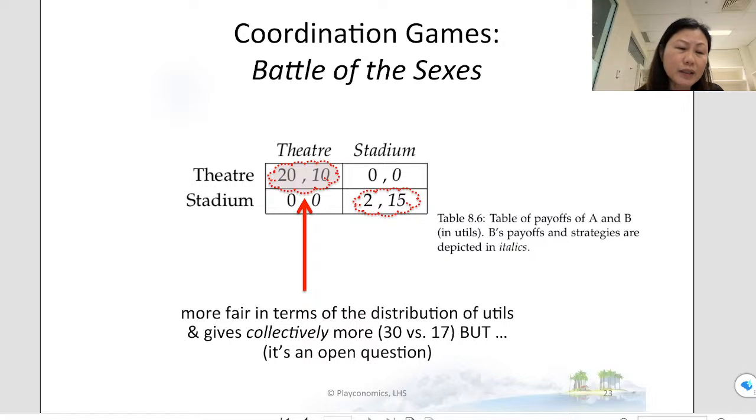A Nash equilibrium is a situation in game theory where no player can improve their outcome by changing their strategy, as long as the other players keep theirs unchanged. What this represents is a stable state where everyone is doing the best they can given what others are doing.